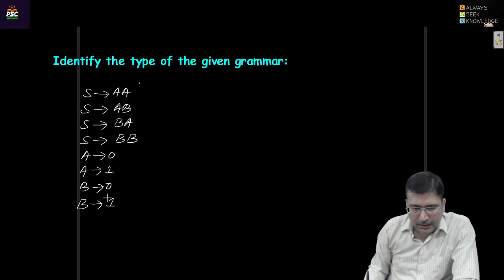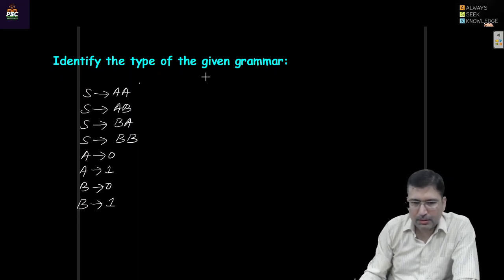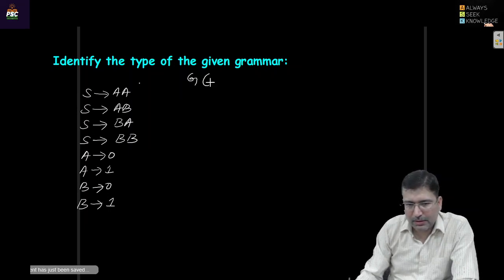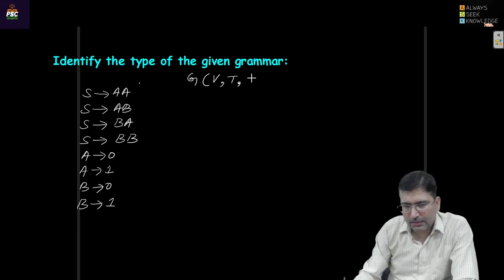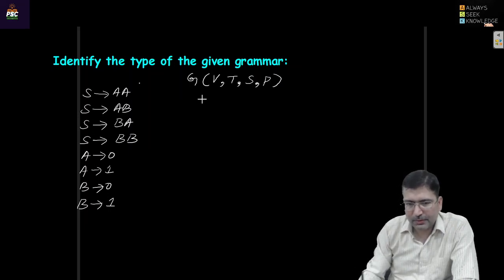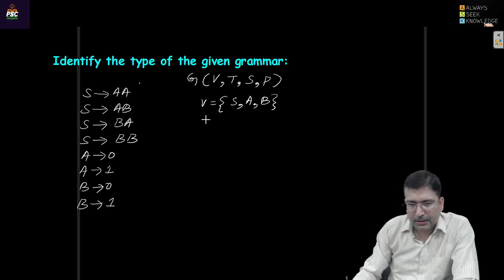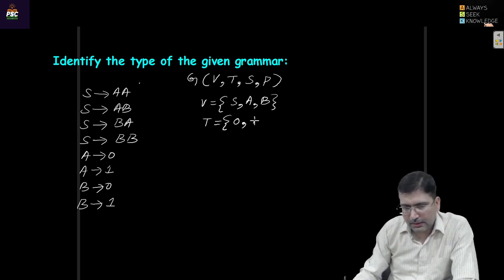So I'm giving you one grammar here, in which let me define all four tuples. A grammar needs to have a set of variables, a set of terminals, a starting symbol, and production rules. The set of variables is S, A, and B. The set of terminals has only two, 0 and 1.